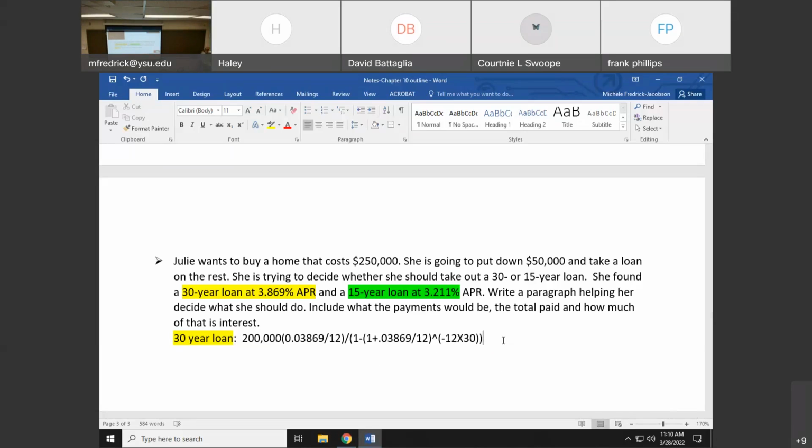I forget what year I made this, but this is what I found for our loans. It was a couple years ago. We're getting $939.79 payments.